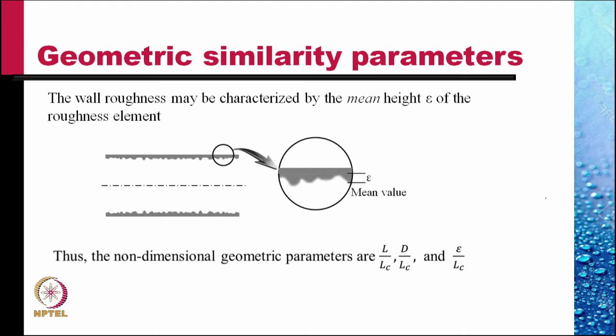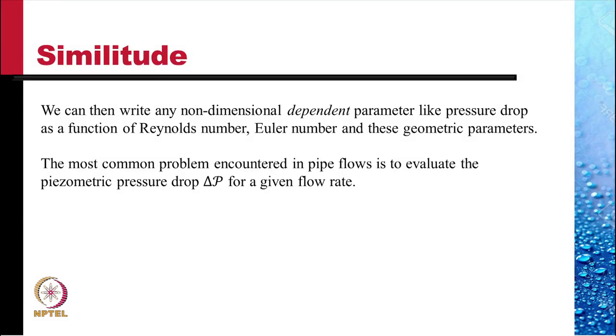We still have to choose what LC we use. We can then write any non-dimensional dependent parameters like pressure drop as a function of Reynolds number, Euler number, and these geometric parameters.